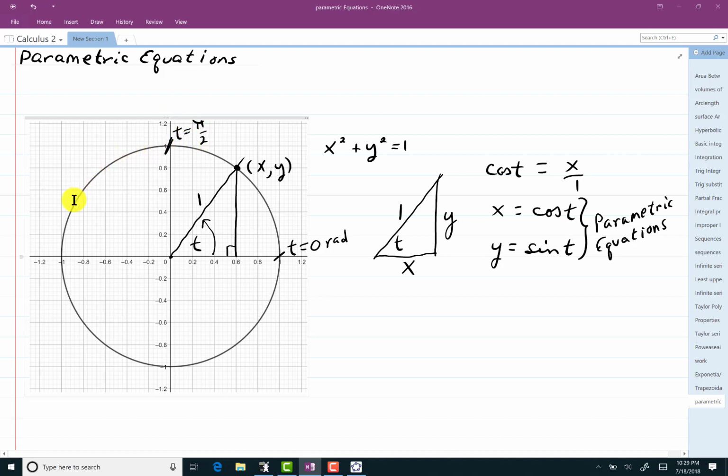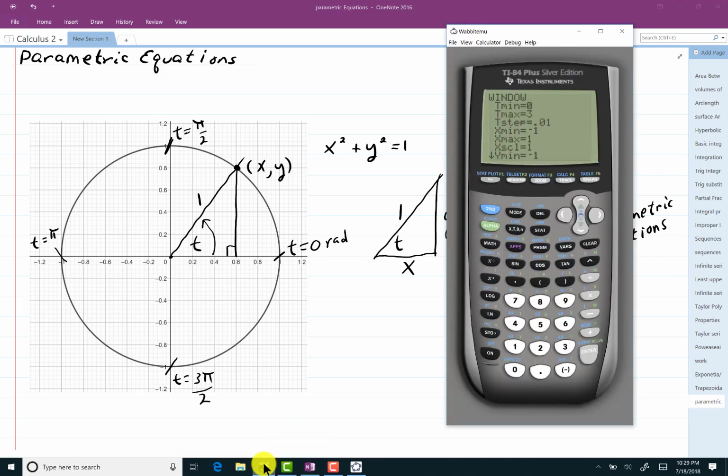As you keep going counterclockwise, you get t equals pi, t equals 3 pi over 2, and then when you get back it's 2 pi, or back to 0 again. You've got all the angles in between, pi over 4, pi over 3, whatever, they're all included in that. So in order to get a complete graph, I only need to let my t go from 0 to 2 pi. So that's what I'm going to do.